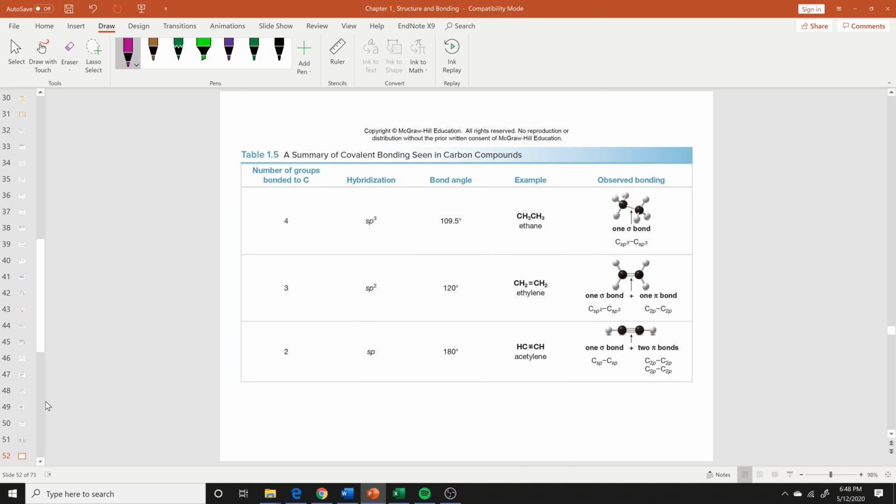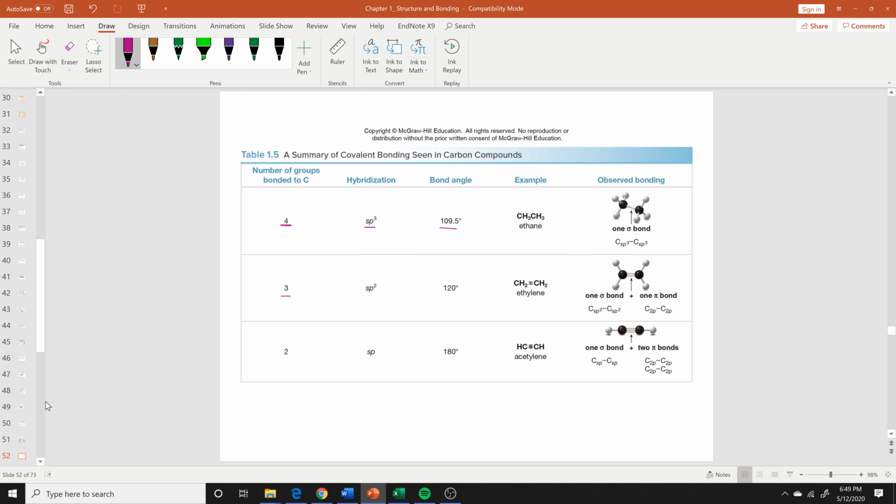So the idea is, if you have 4 groups bonded to the carbon, then the hybridization is sp3, the bond angle is 109.5, and you will be forming sigma bonds. All of these sigma bonds are an overlap of sp3 with 1s orbitals for the hydrogens, and carbon sp3 between the carbons.